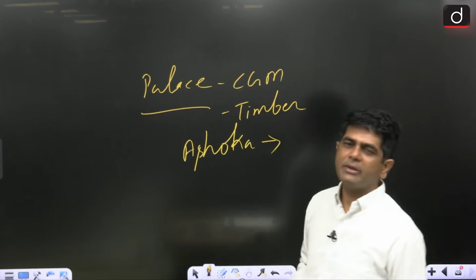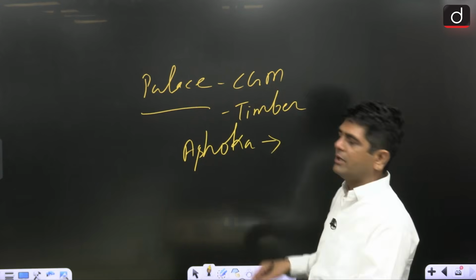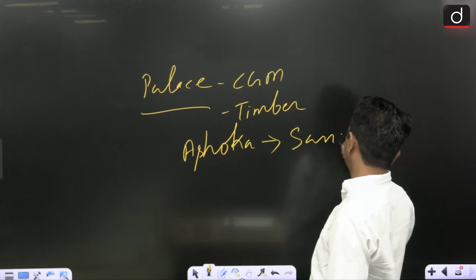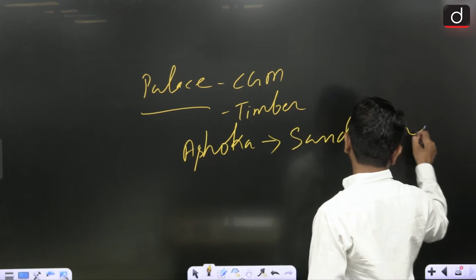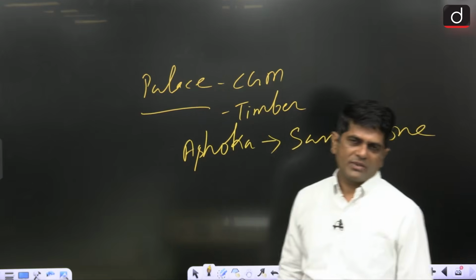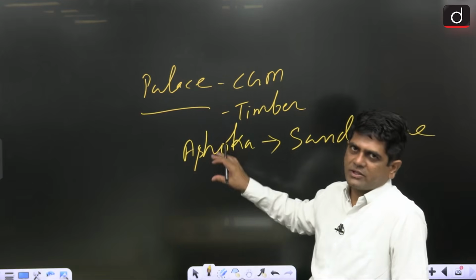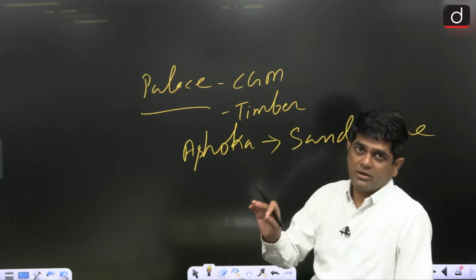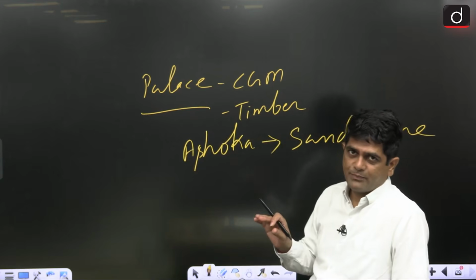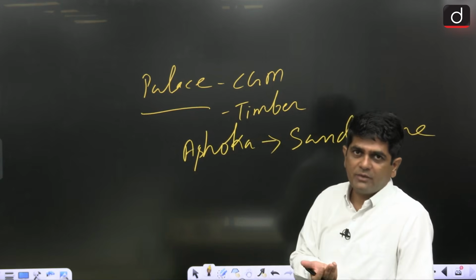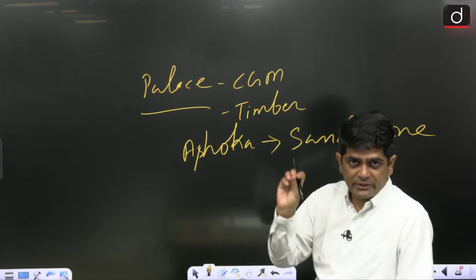Ashoka did what? In many parts of this palace, he used sandstone. Getting my point? Sandstone. And the evidence of this palace, only part of this palace like the pillars, have been discovered from which part? From the parts of Patna, today's Patna.